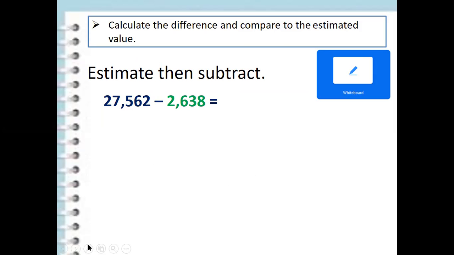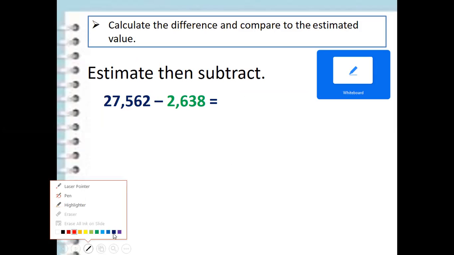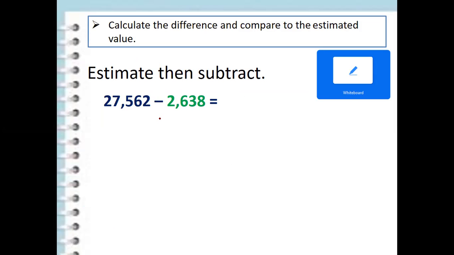As we have discussed in our previous lesson, you have to check the pairs of numbers to add or subtract. How many digits do we have here? 1, 2, 3, 4.